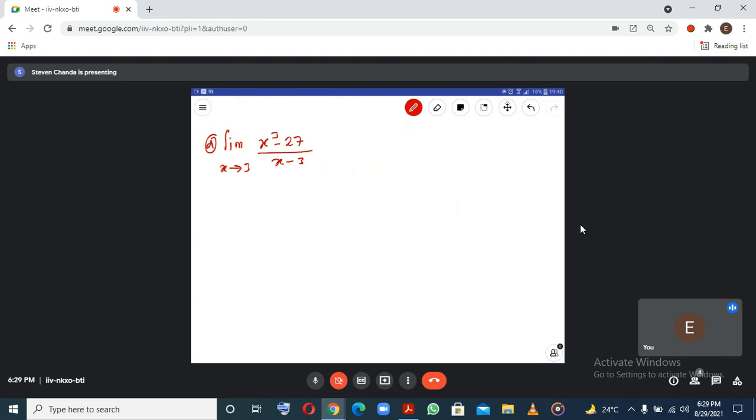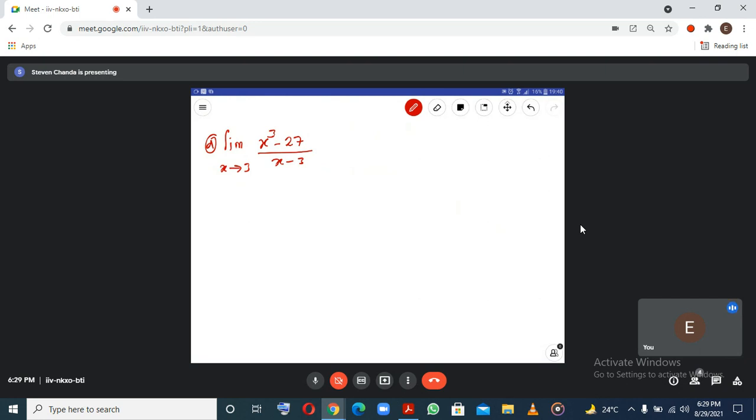So again, you see that for this question we are having the same scenario that we had for the previous situation, where when we plug in the 3, what we are going to have is a denominator with a 0. So then what do you do here? Again, you want to factorize.